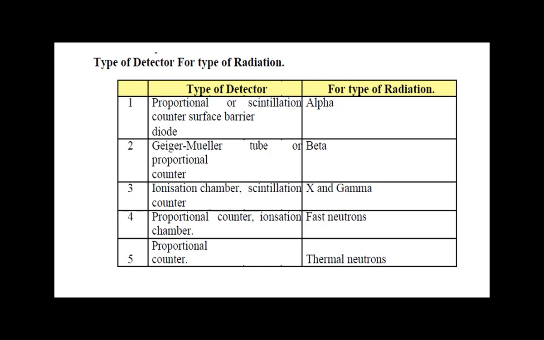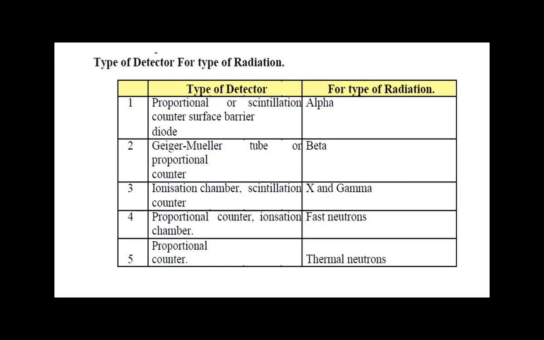For the beta radiation, we have to use the Geiger-Müller tube or proportional counter. For the X-rays and gamma radiations, we have to use the ionization chamber and scintillation counter. Then for the fast neutrons, we have to use the proportional counter and ionization chamber. And for the thermal neutrons, we have to use the proportional counters.